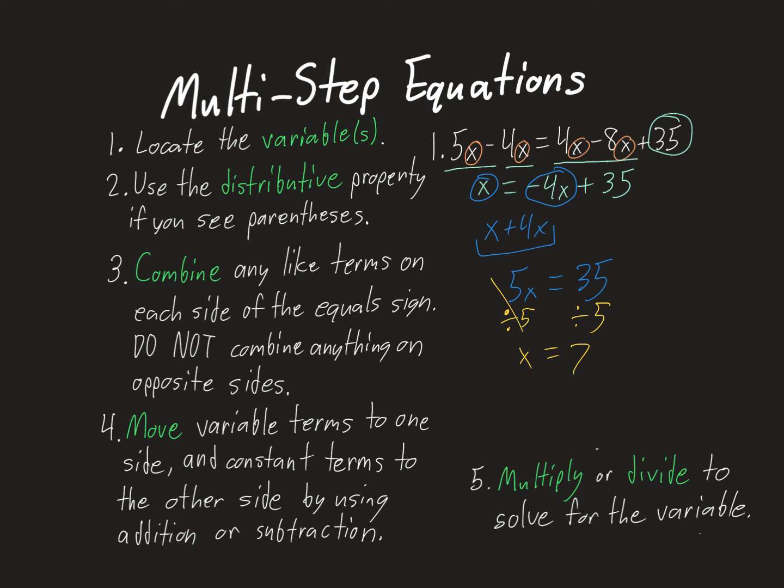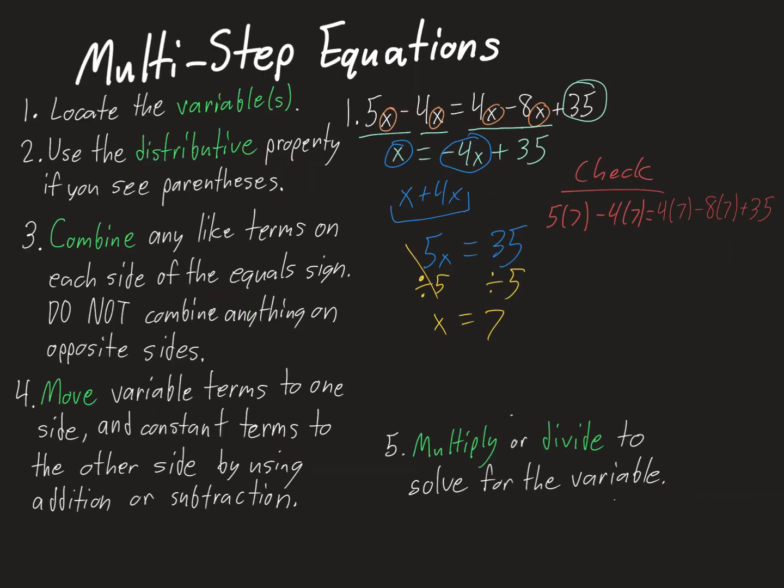We can now check our work by taking 7 and plugging it in everywhere we see an x. In doing so, we can follow order of operations by first multiplying to get the numbers 35 minus 28 equals 28 minus 56 plus 35.